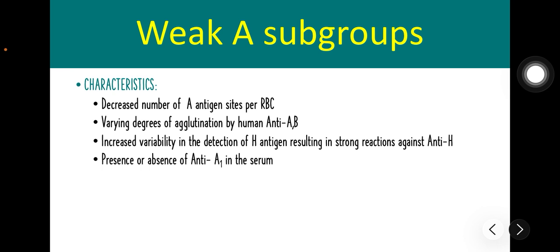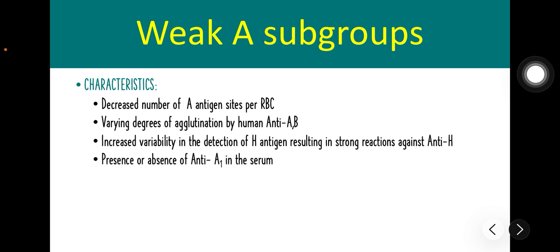Unlike common A1 and A2 types, these subgroups have a significantly reduced number of A antigens on their red blood cells, which leads to weak or even missing reactions during routine blood typing. These subgroups are caused by the inheritance of rare alleles at the ABO locus on chromosome 9.